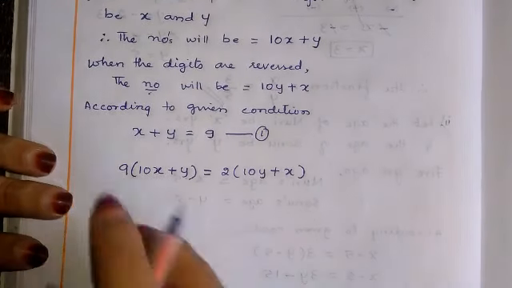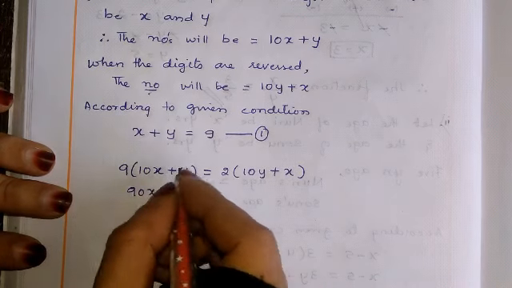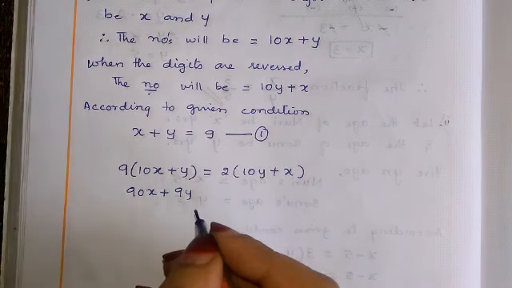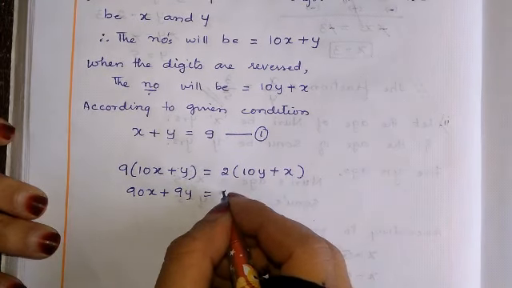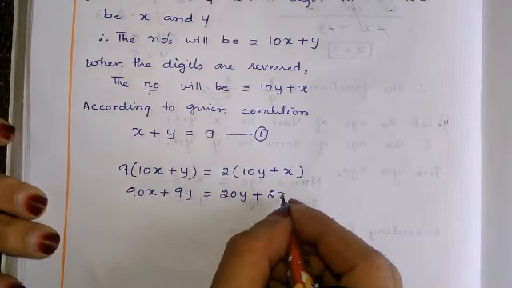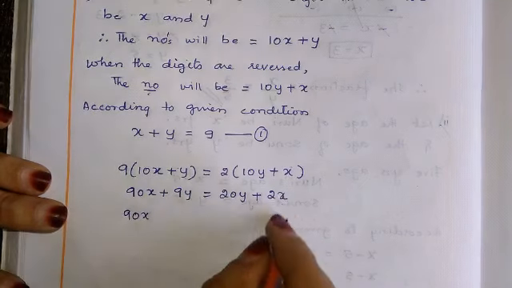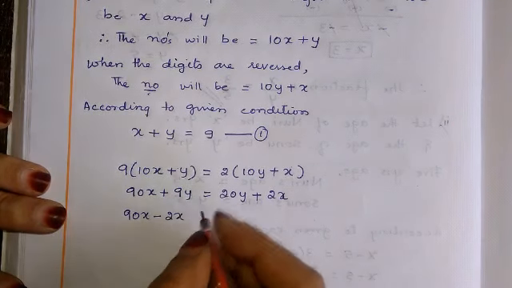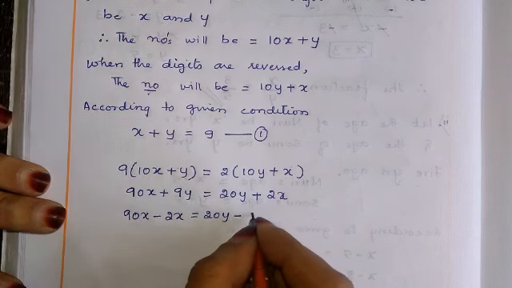How will we get it? 9 tens are 90x plus 9 into y, 9y. Next, 2 tens are 20y plus 2 into x, 2x. We will bring the x terms one side. 90x minus 2x is equal to 20y minus 9y.